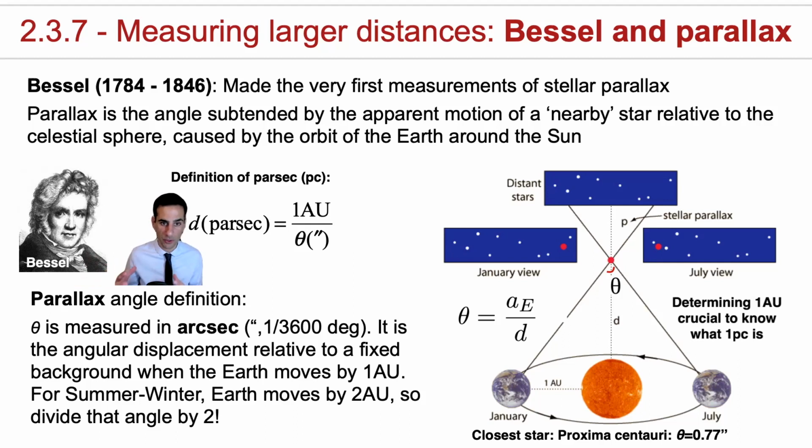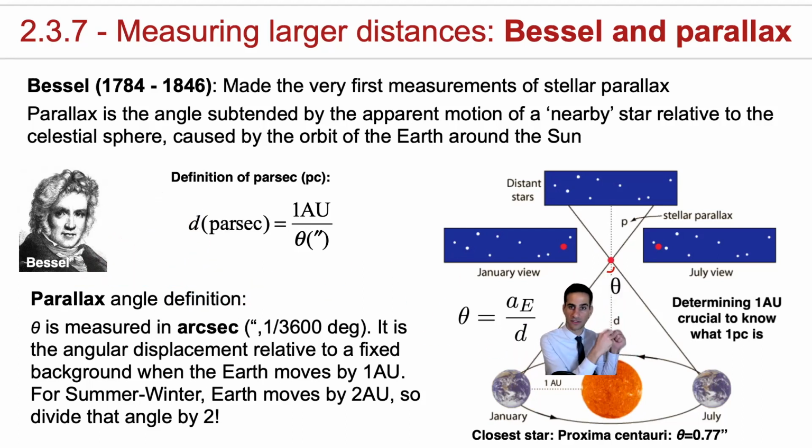The other thing that is important to note, which is also written here and explained in the lecture notes, is that this angle, the angle that you see here, theta, is not the full angle that corresponds to measuring the relative position of a star relative to the background in the summer and in the winter, but it's actually half of it.